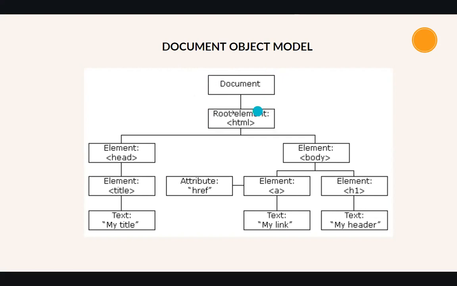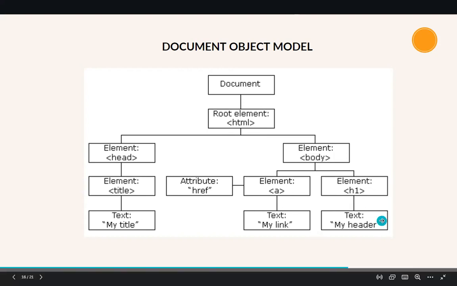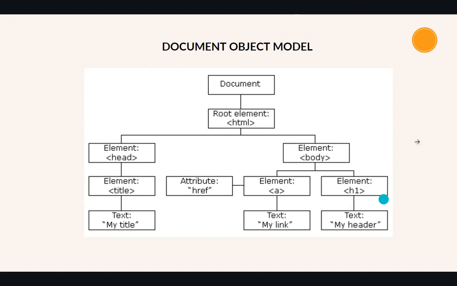We have the root element, which is the HTML, because we are writing our code in HTML. Then we have different elements, so we have the head and the body. This is just a visual representation of how our code is when we open it up in the browser. It becomes a document, and the document is like a tree-like structure. So it has different nodes, and these are all different child nodes that we can use to make changes and do stuff to it.